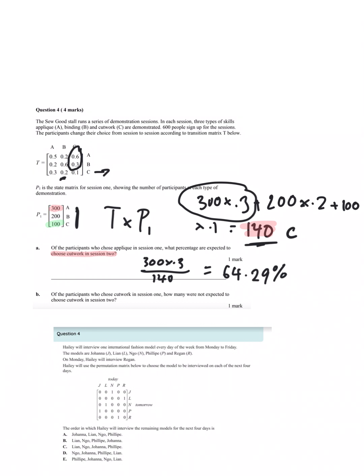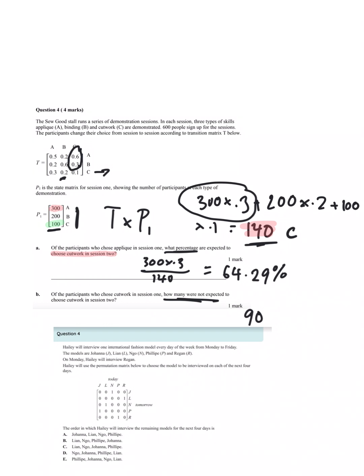Yeah, so I think the part that's tricking me on this one was asking for the percentage, and this just wants how many were not expected to choose the cut work. So we've got 100 here, and we can see that the 60 and the 30% that won't choose it means that 90 people won't choose cut work.